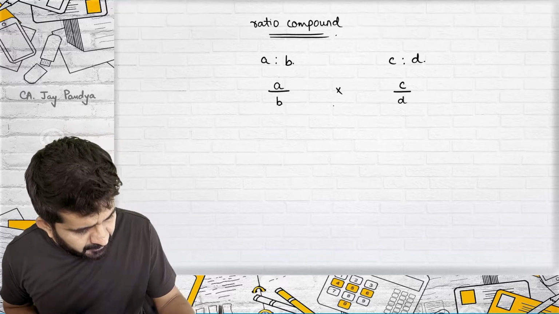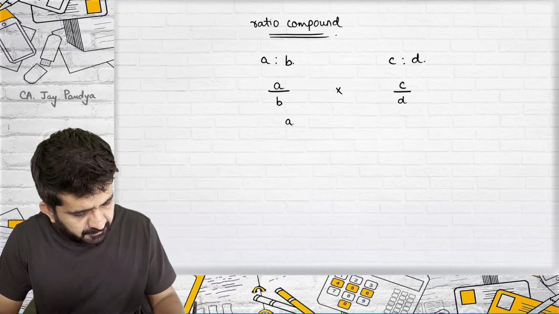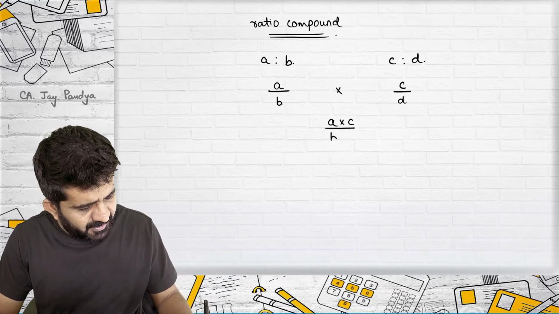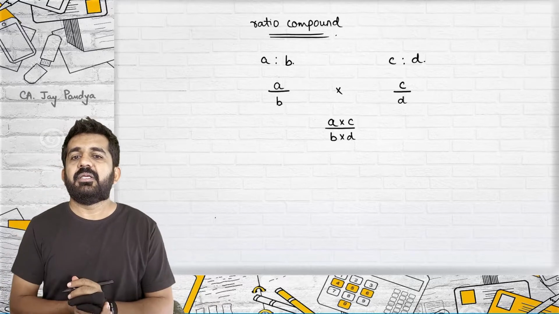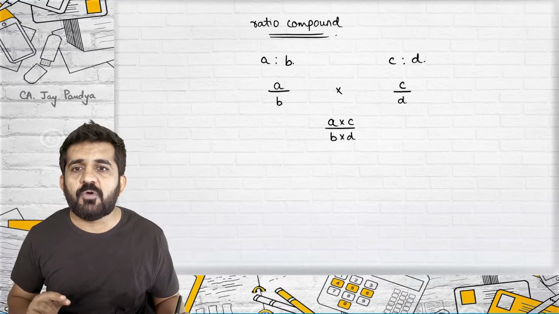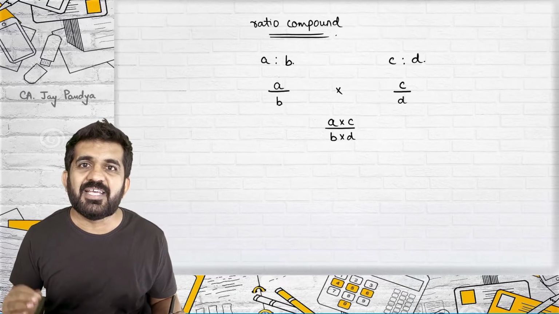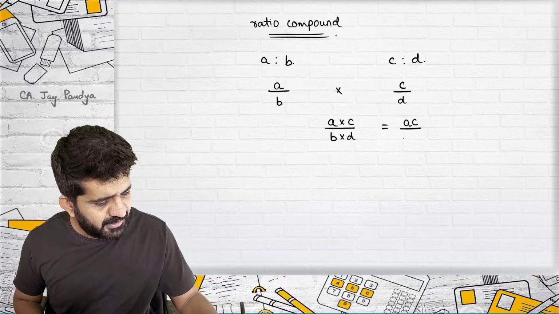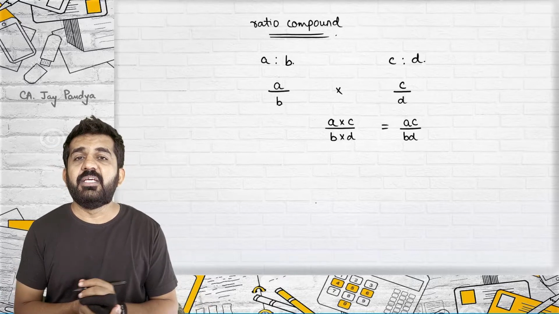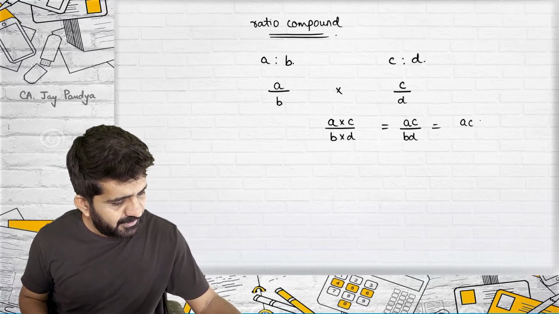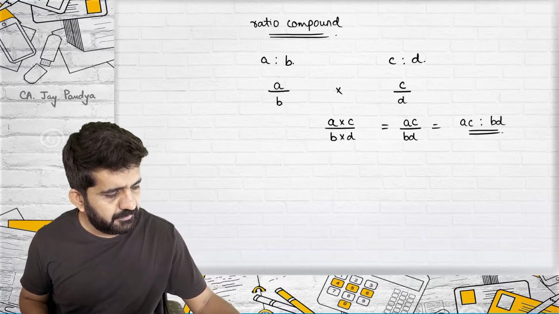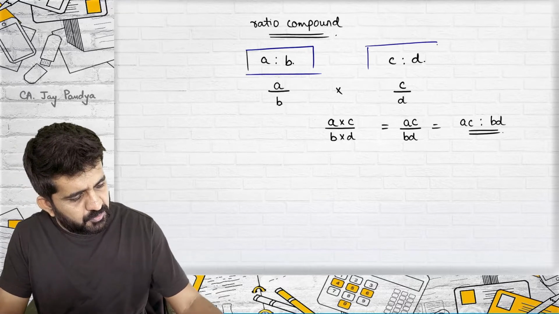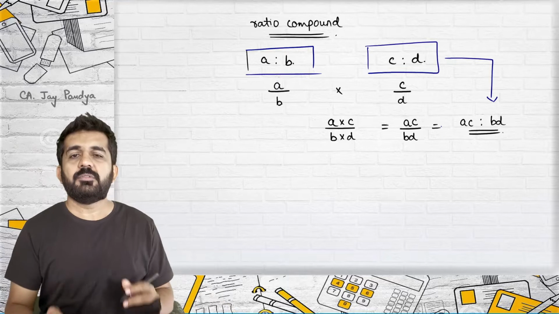That means if I multiply these two ratios, both numerators will be multiplied: A multiplied by C divided by B multiplied by D. So ratio compound of these two ratios, A is to B and C is to D, is AC divided by BD, or AC is to BD.